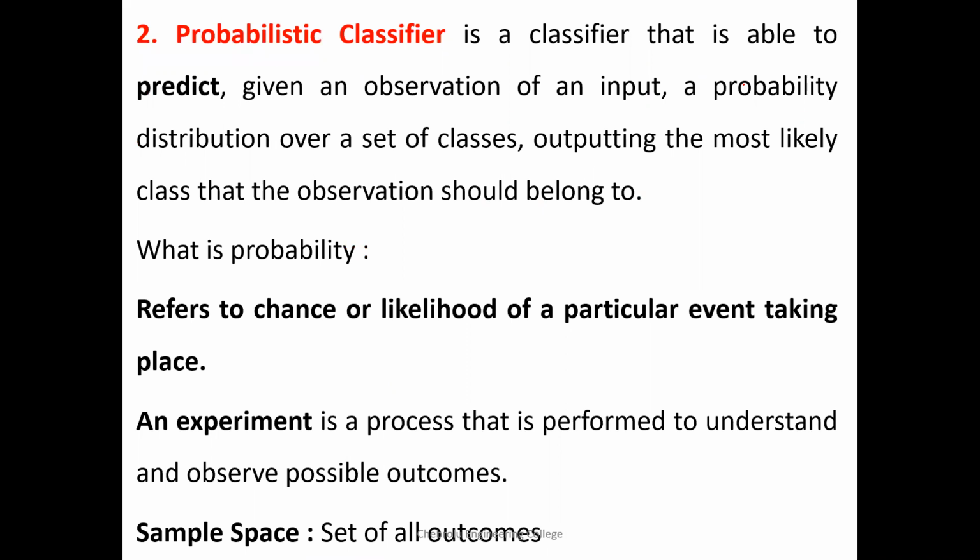Probabilistic classifier. What is called probability? You should know what you mean by probability. You all might have learned probability in your intermediate second year, but still, what is a probabilistic classifier? A probabilistic classifier is able to predict. See, if you toss a coin, what is the chance of getting a tail, and what is the chance of getting head?